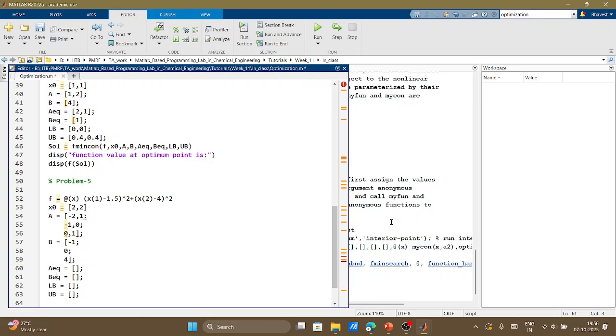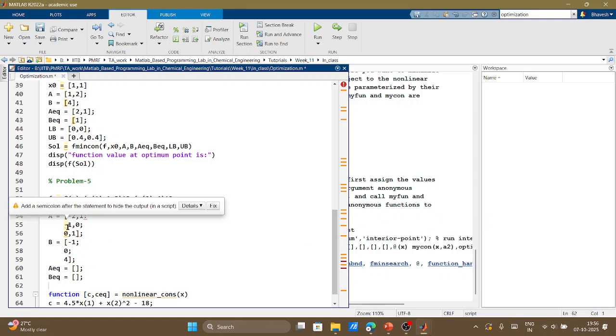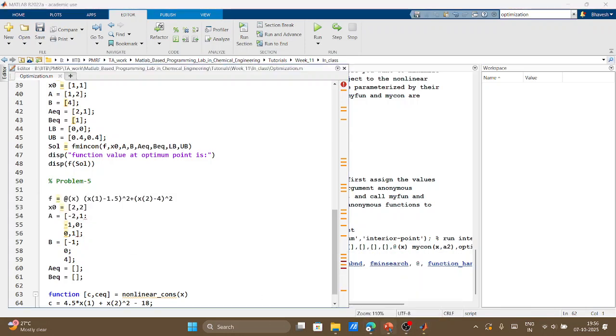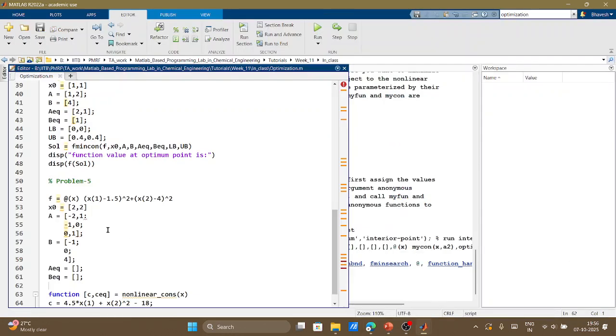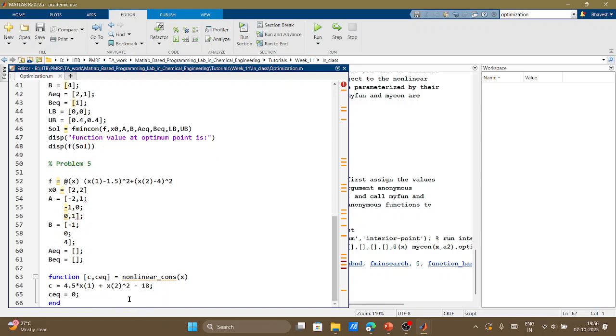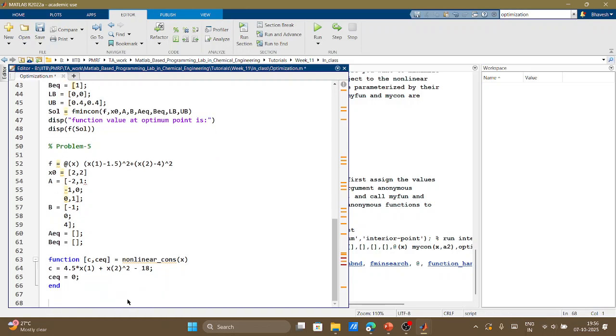We don't have an equality constraint, so I don't have to worry about bounds anymore, right? This will take care of the bounds: minus x1 is less than or equal to 0, which satisfies this condition. The second part says that x2 is less than or equal to 4, which satisfies my second bound.